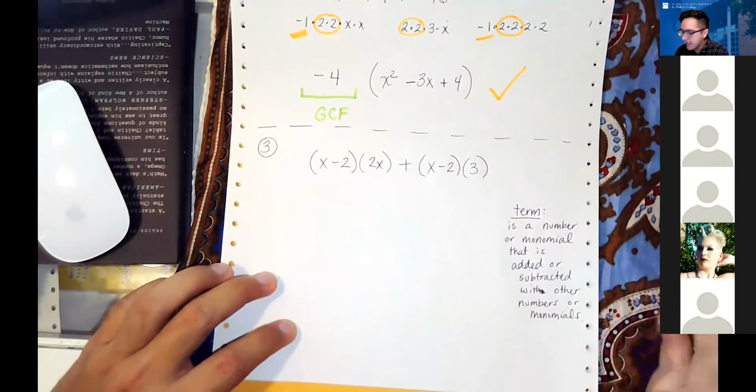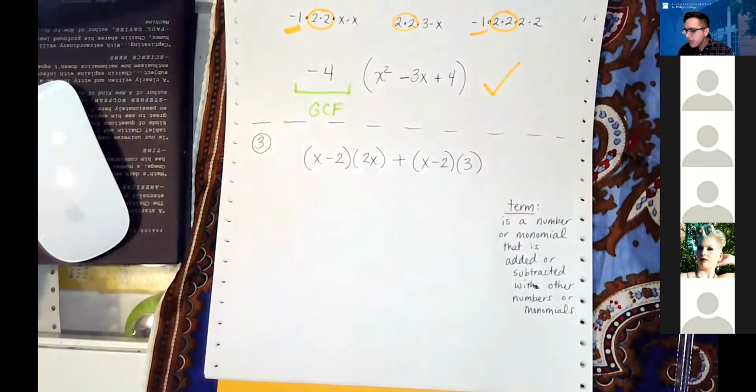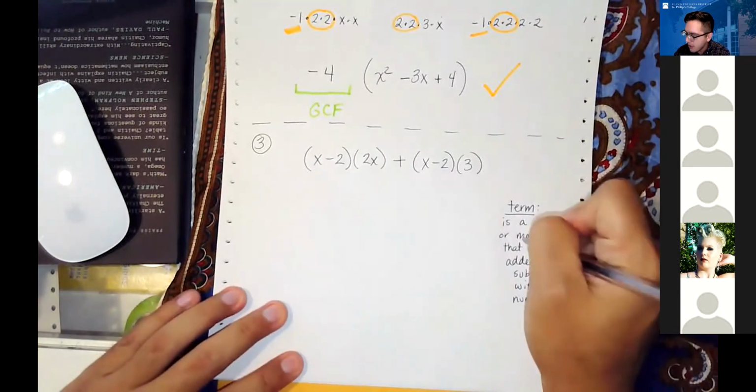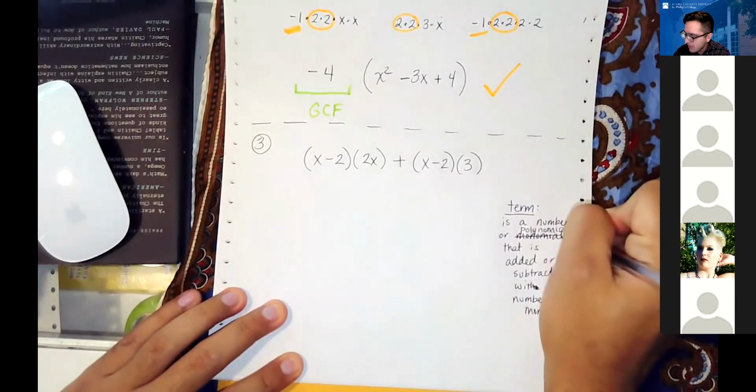And I guess I could have cut down the writing there. A number is a monomial. So the idea behind a term, or what I'm trying to get you to identify, is that if you are adding or subtracting things, actually, this should be a polynomial, not a monomial.